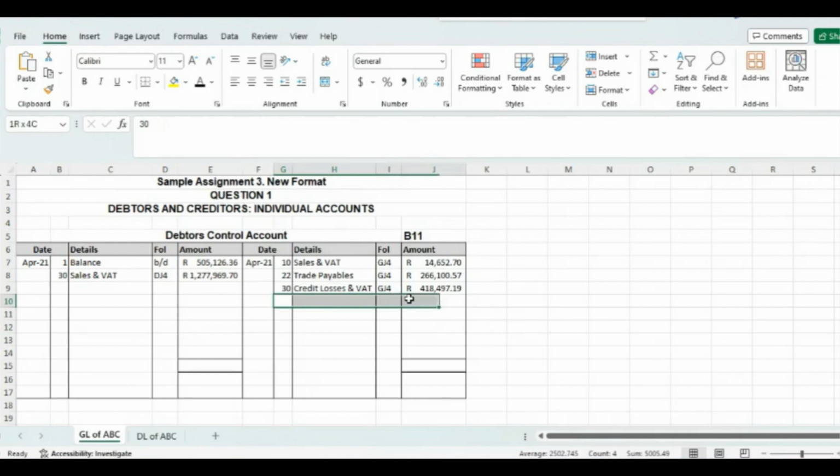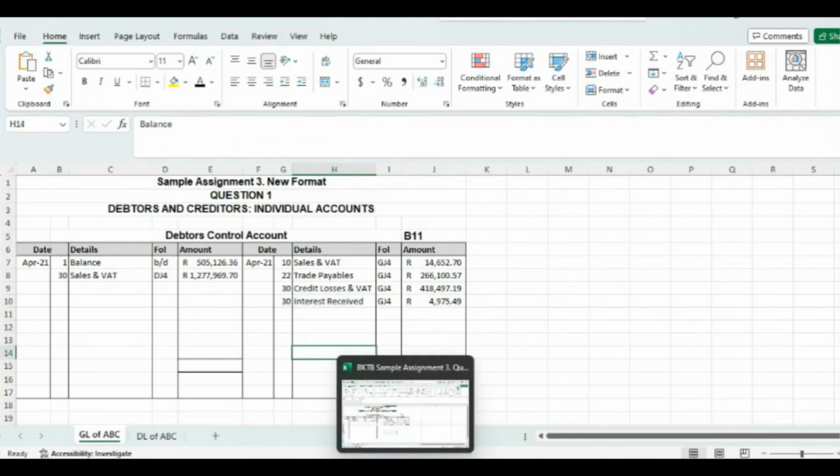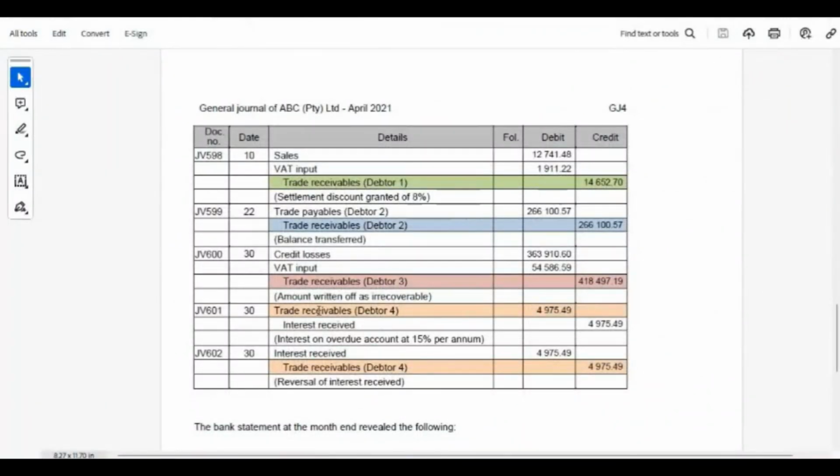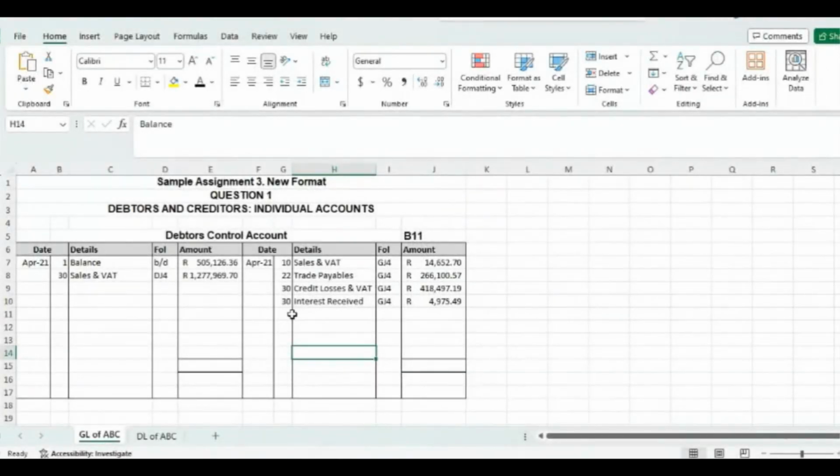And then since we are now working that way, we say, okay, there was interest received that we had here also. And this transaction here was, of course, the interest received. We must record it in our ledger account, even though we wrote it back later. It must still be recorded. Okay.